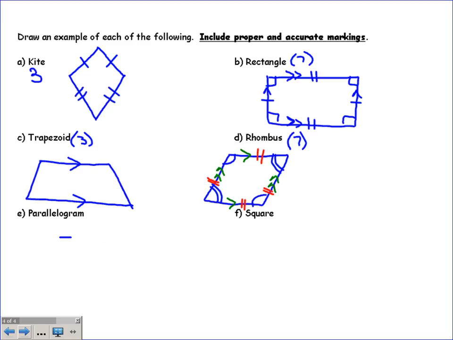Parallelogram, slanted. I guess we need to erase this. Drawing at the waist is kind of tough. Is that okay? Okay, there should be 6 characteristics here.